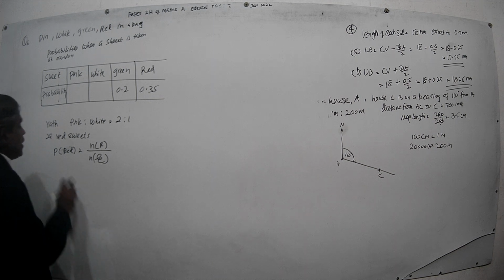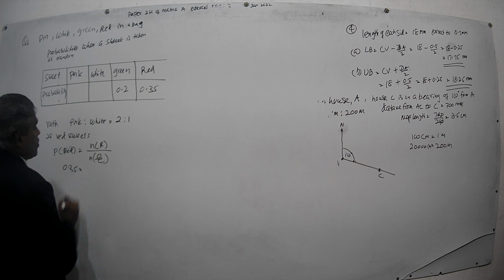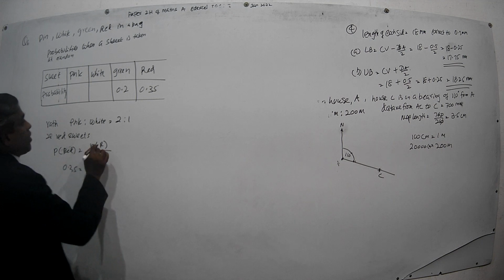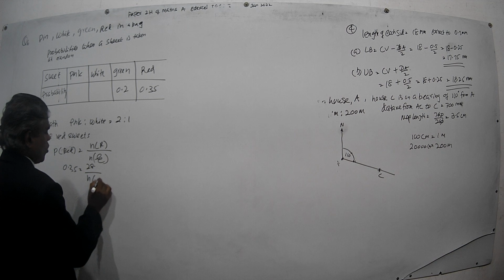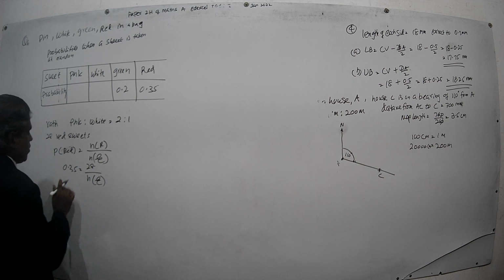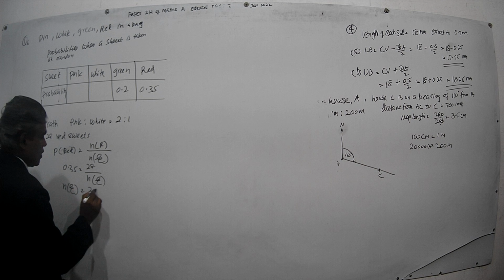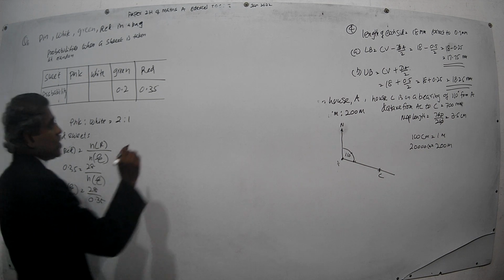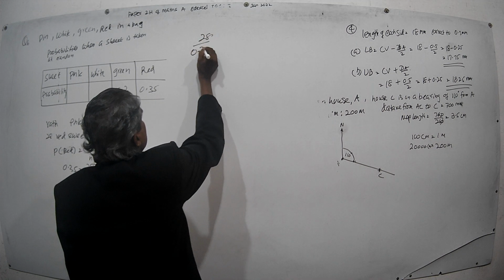P red is given as 0.35, and the number of red is 28. Let the total number be n. Take this to this side, then n, the total number, equals 28 divided by 0.35.